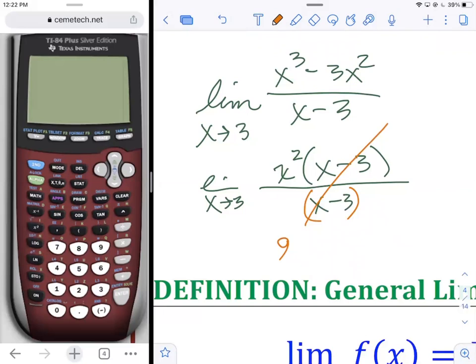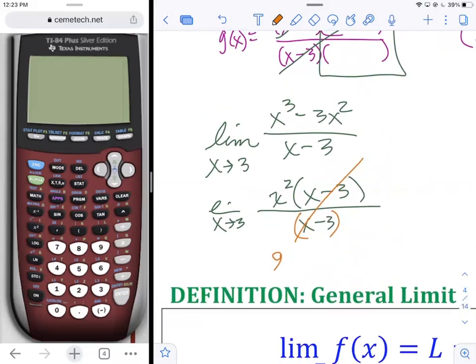If you get 0 over 0, and it's a polynomial over a polynomial, factor, divide out, and then plug into what's left. And when you plug in, you don't need to write the limit anymore, because remember, we're working with expressions. And when you work with expressions, you don't need equal signs. You're just basically saying this equals this, which equals this. So we're saying the limit is 9.